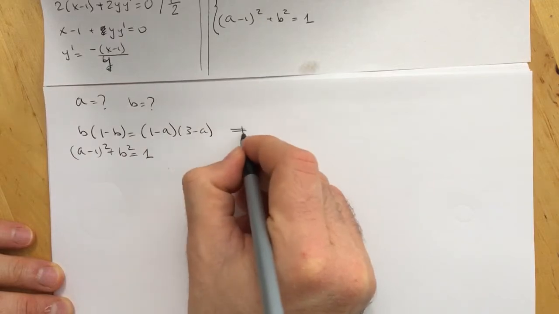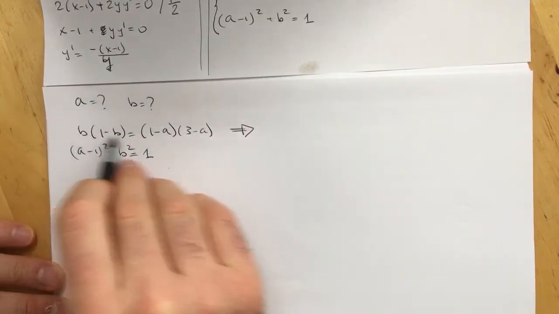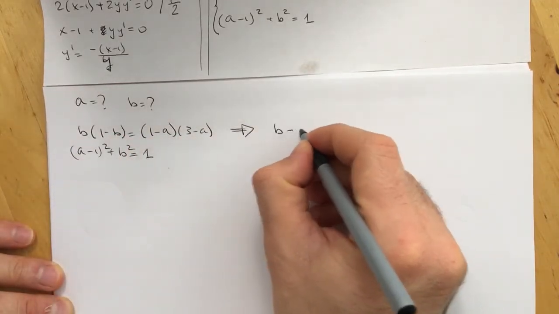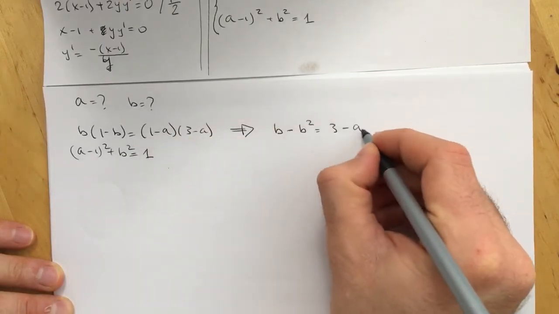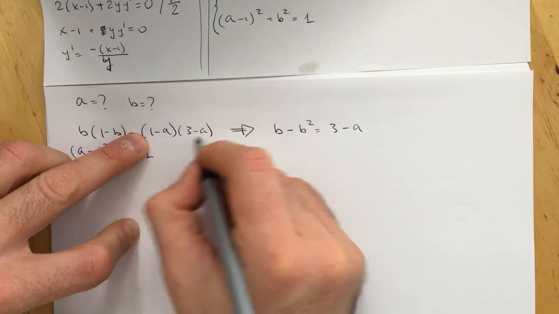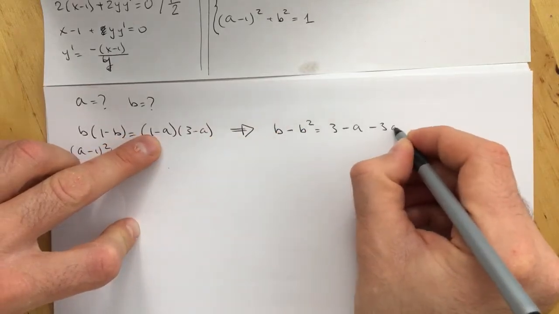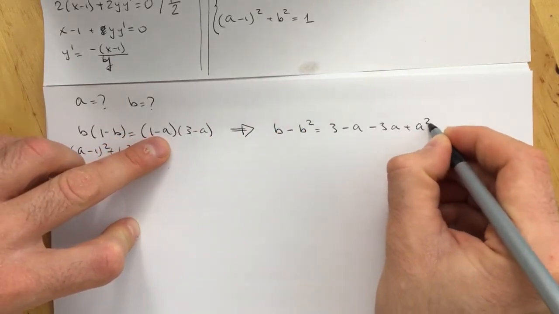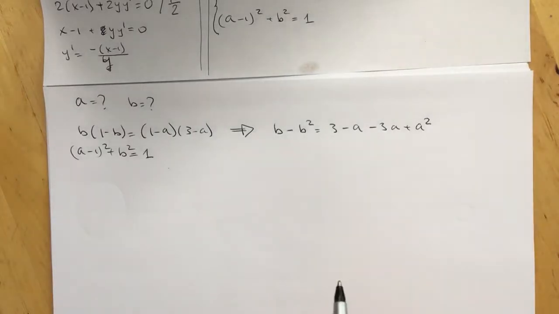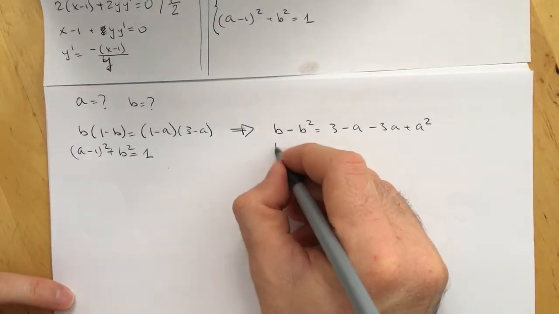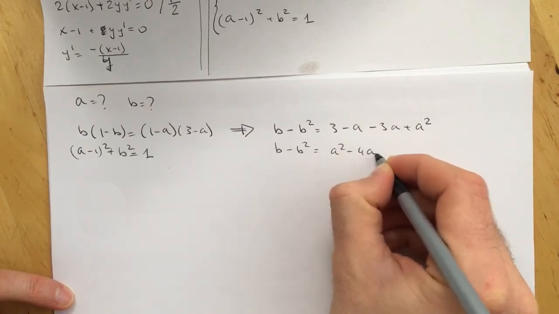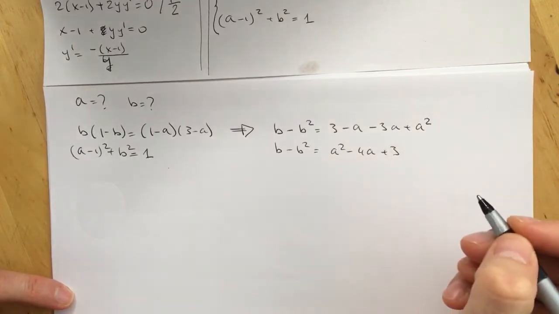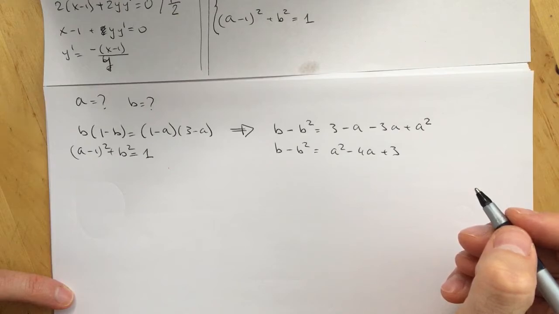From the first equation, if you expand this, you get B minus B squared is equal to 3 minus A minus 3A plus A squared. Okay, so let's simplify this a little bit. B minus B squared is equal to A squared minus 4A plus 3.